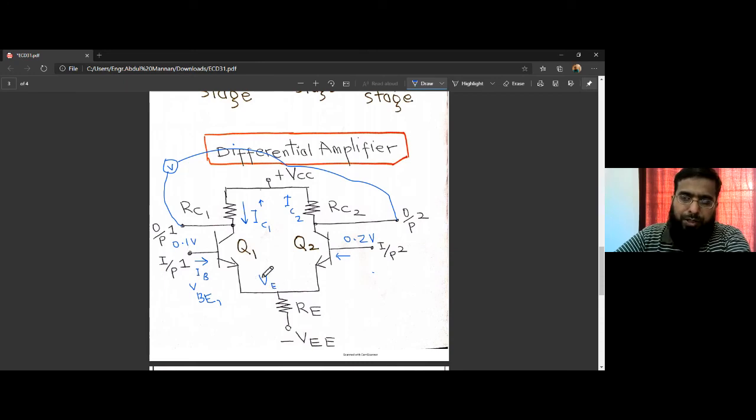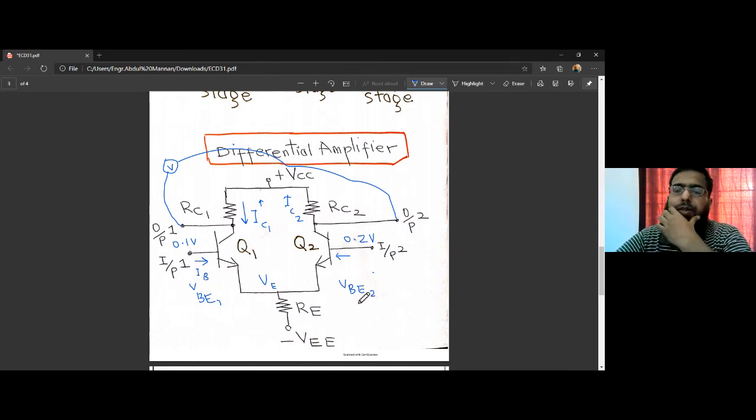Of course, once again, since the emitters are connected together, VE1 would exactly be the same as VE2. So they will settle at one VE, the same VE. Since VBE2 would be slightly larger than VBE1, because the base of transistor Q2 is at a slightly higher voltage compared to the base of transistor Q1.